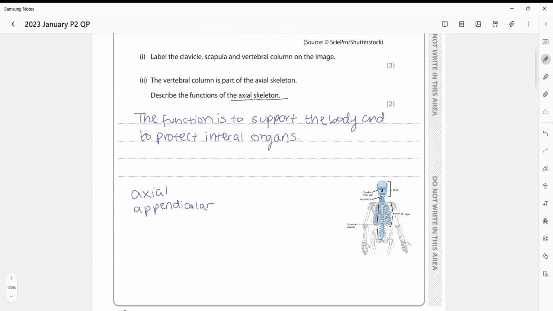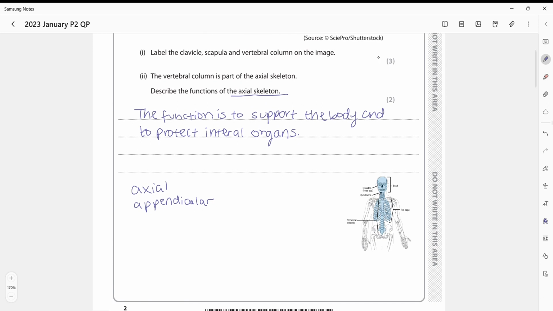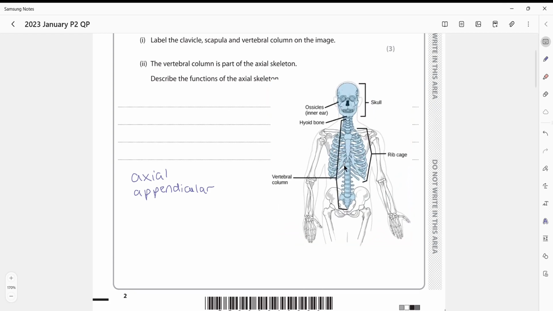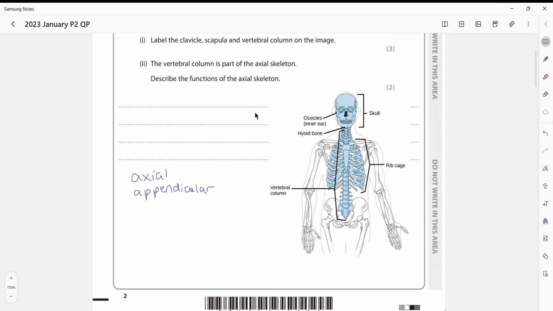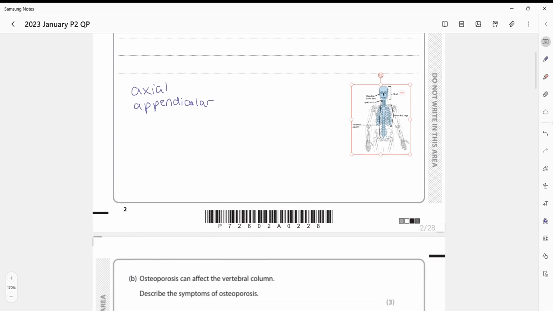Okay, and sorry, I forgot to mention, I've included this little image here which shows the axial skeleton. Let me just make this one larger. So for your syllabus, you'll need to know the skull, the vertebral column, and the rib cage. All right, let's move on with the next question.